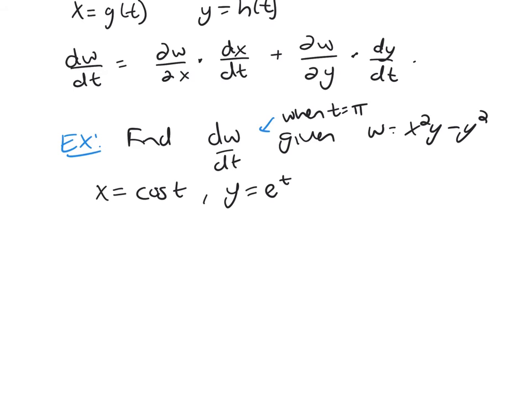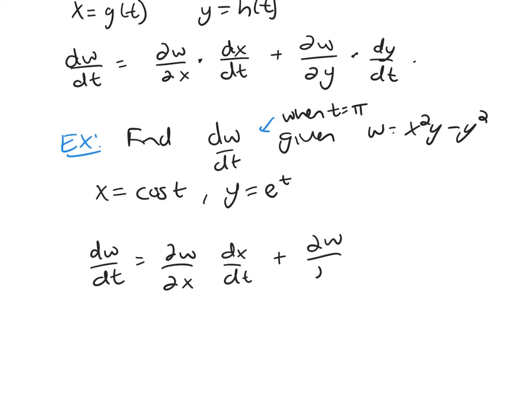So first we're going to find dw dt using the chain rule. So I'll write down the formula again, plus the partial of w with respect to y dy dt.